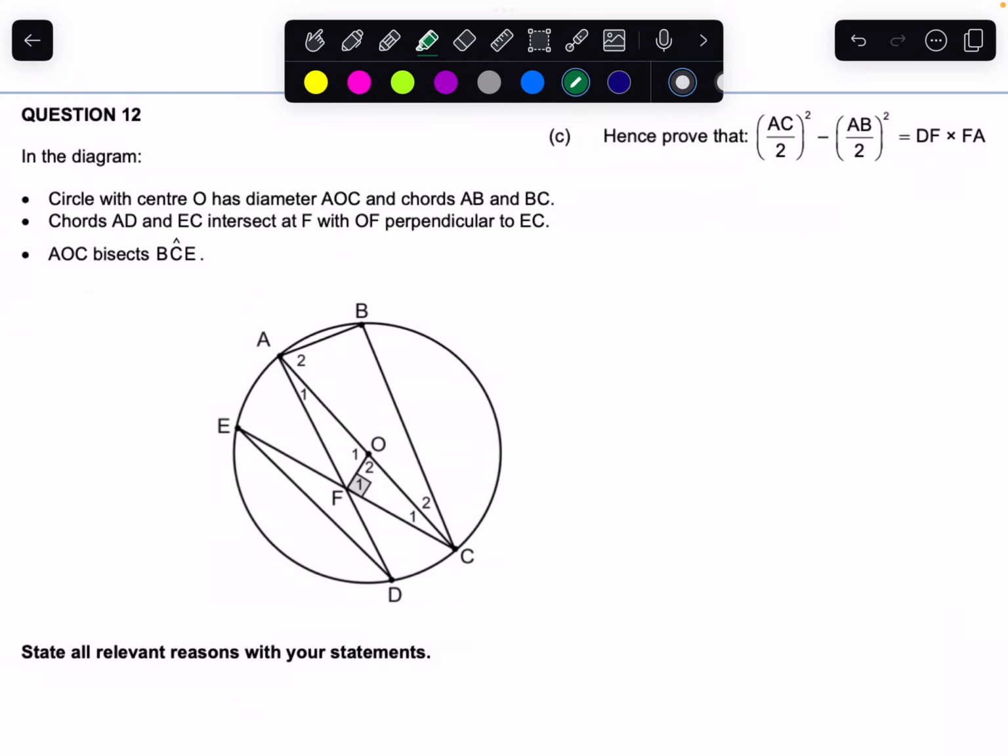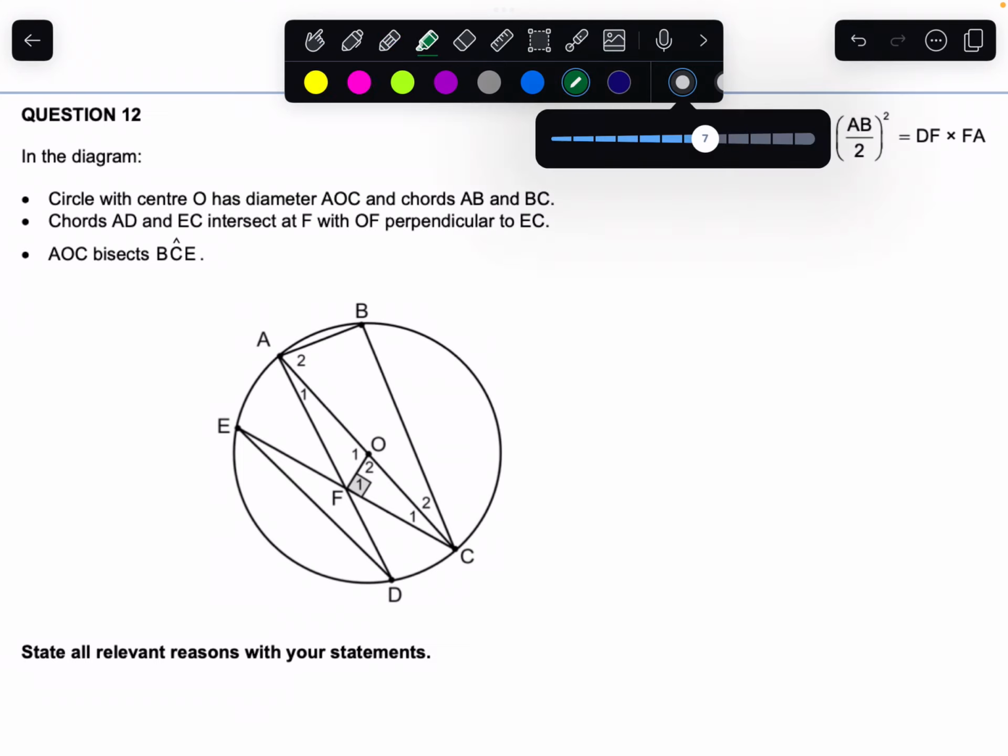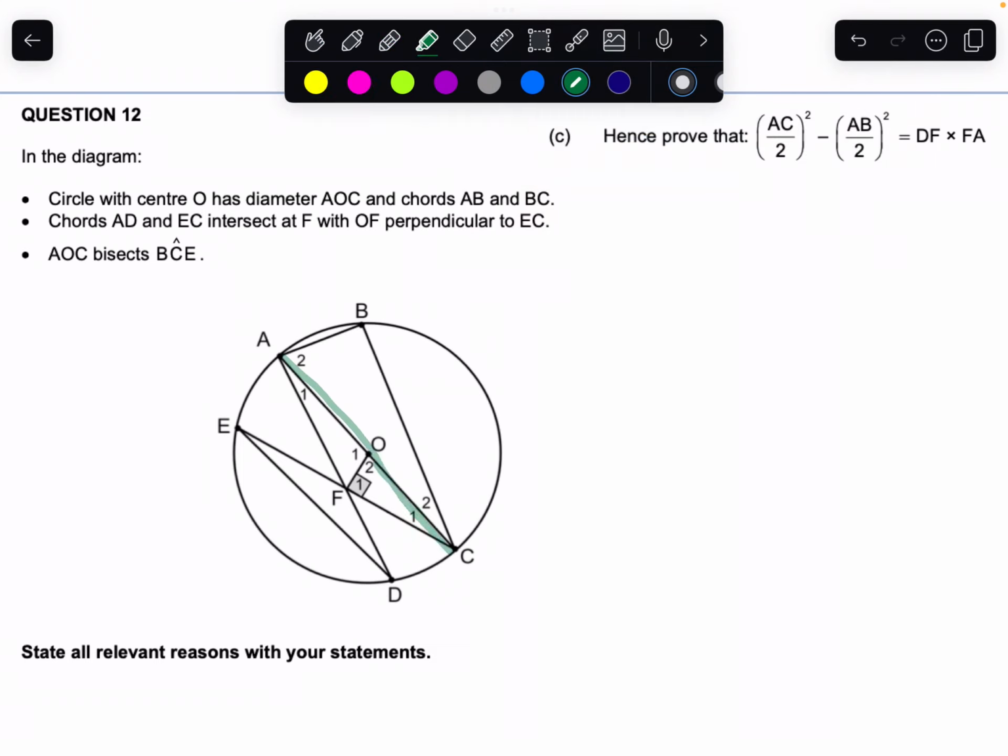Again, I start by highlighting what I know. That is a 90. Those two are equal. We also know that triangle ABC is similar to triangle OFC.